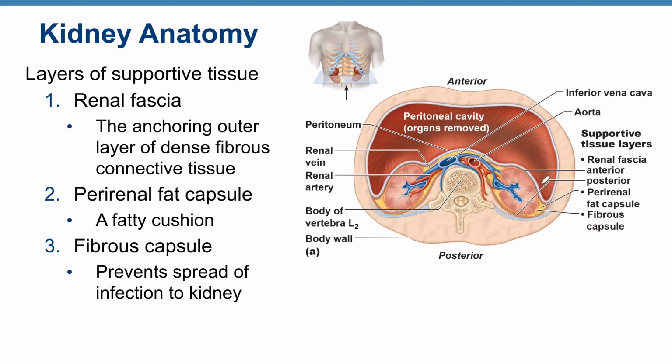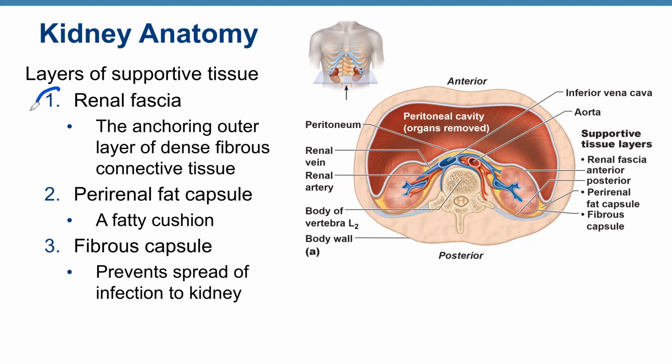So first we're going to start with renal fascia. Here's the connective tissue covering, anterior renal fascia and posterior renal fascia. Then we have the perirenal fat capsule, so fat, and the fibrous capsule on the surface of the kidney.